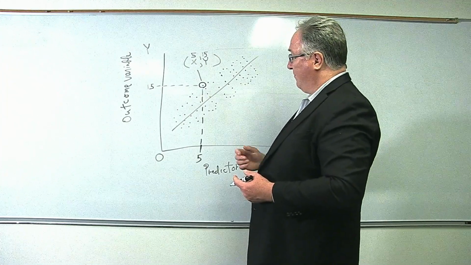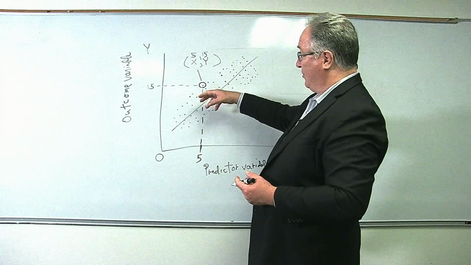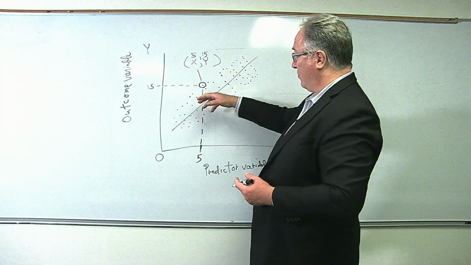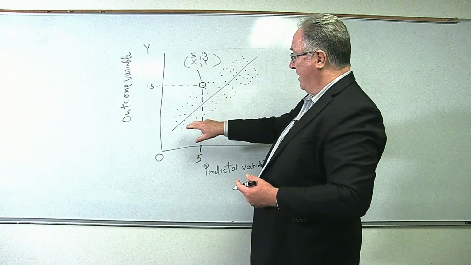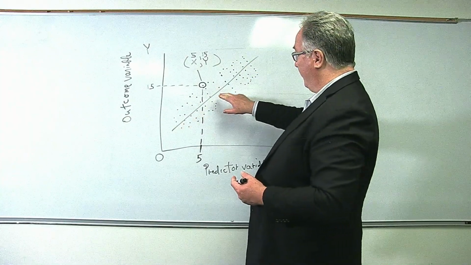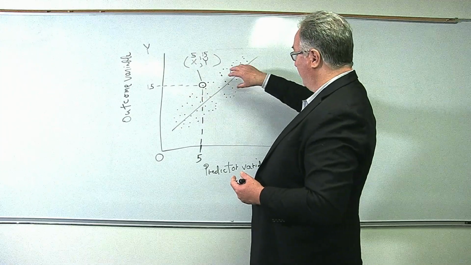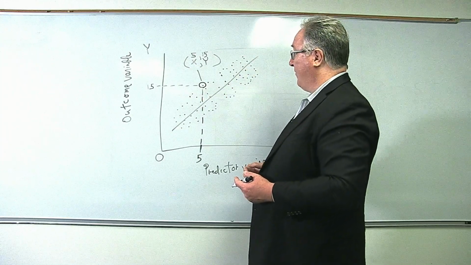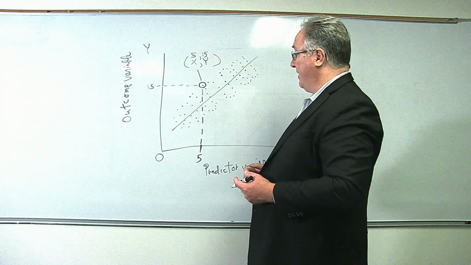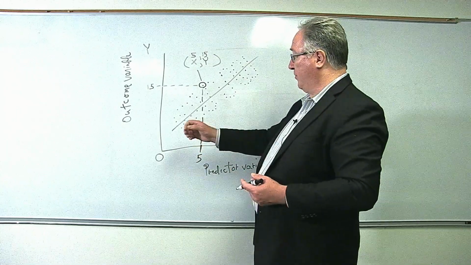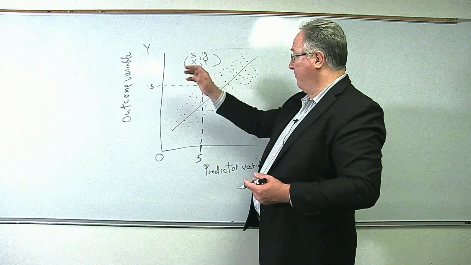Okay, and so if we were to track these combinations of x, y observed values in this linear relationship, best described by this linear function, we would find that generally speaking, as values increase on the predictor variable, they also increase on the outcome variable.